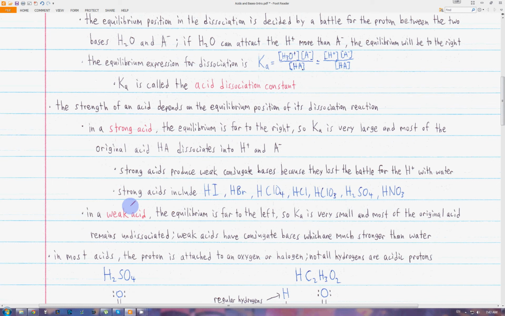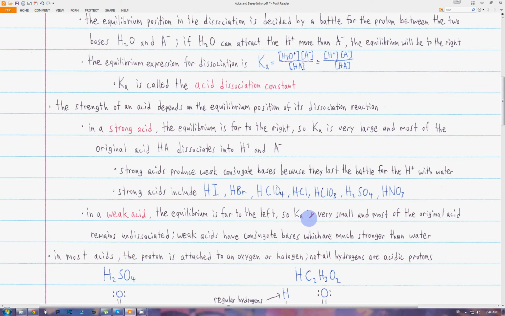So in a weak acid, the equilibrium is far to the left. So the Ka value is very small, and almost none of the original acid dissociates into its ions. So after reaching equilibrium, most of the original acid that you put there is still present.